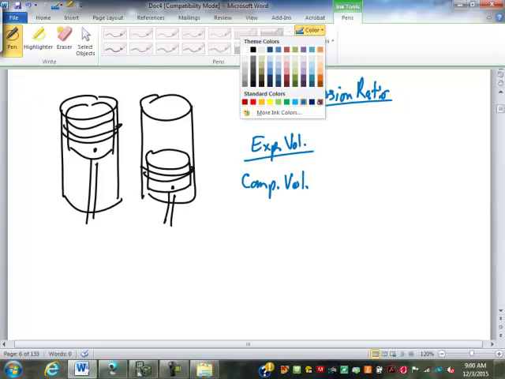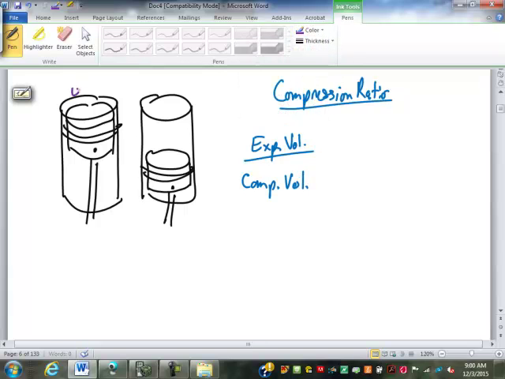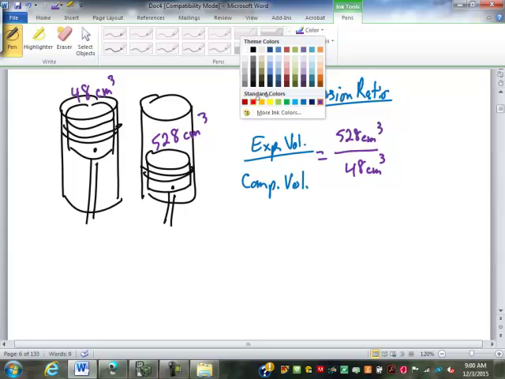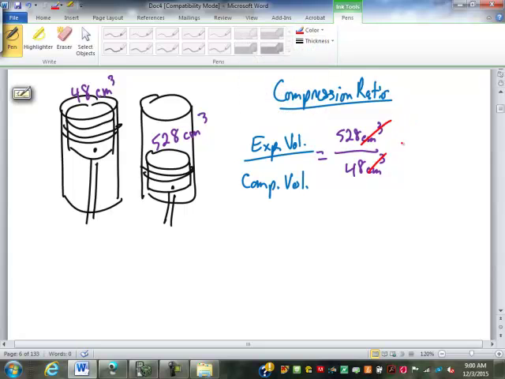So let's say that this is 48 cubic centimeters compressed and 528 cubic centimeters expanded. Which one goes on top? 528. 48 on bottom. Now, with any ratio, the units divide out because they're the same.